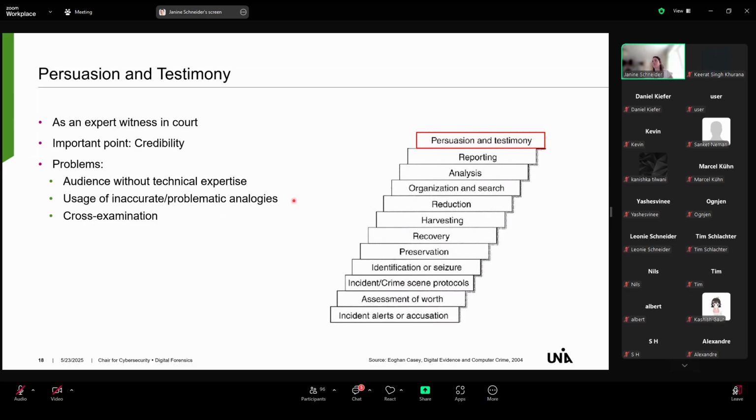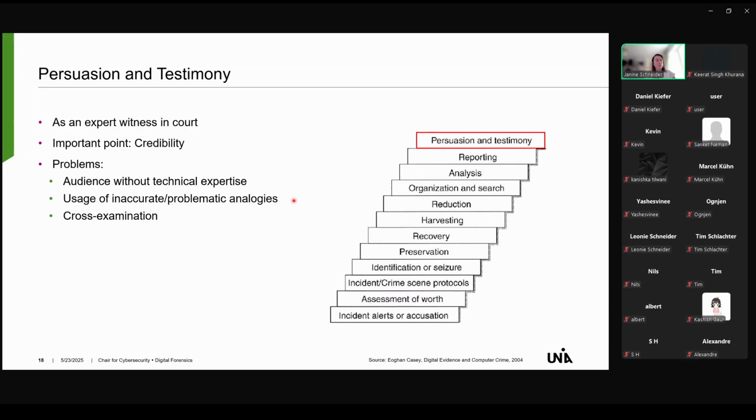For example, there was one case where it was a cybercrime attack on, I don't know anymore, systems, people. And the defense said something like, going to the internet, surfing in the internet without having a firewall installed is like driving a car without the front window.